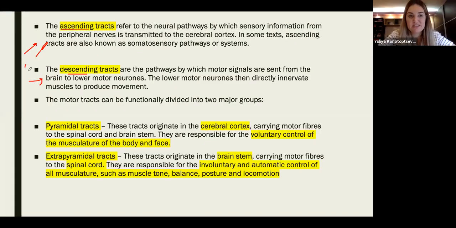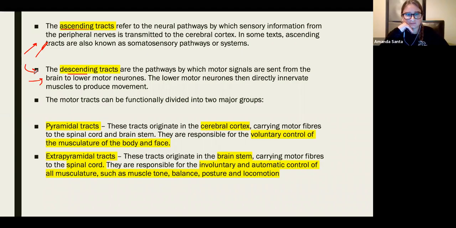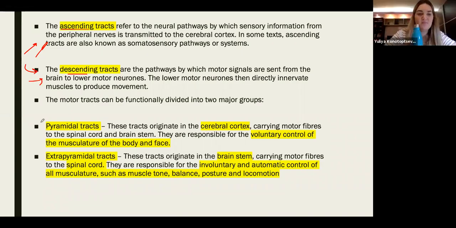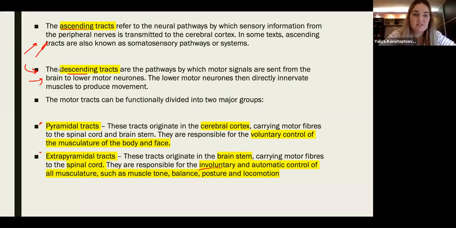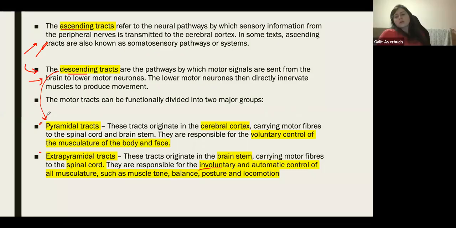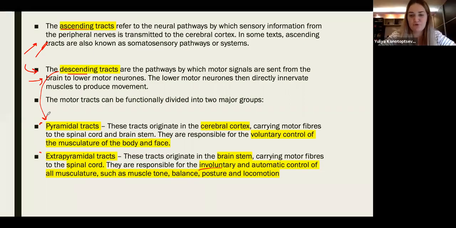Give me a couple of descending tracts. Tectospinal. Very good. Is it pyramidal or is it extrapyramidal? Extrapyramidal. Very good. Tectospinal is extrapyramidal because it's involuntary. Give me an example of descending pyramidal. Corticospinal. Perfect. Lateral and anterior corticospinal tracts together with corticobulbar, right?